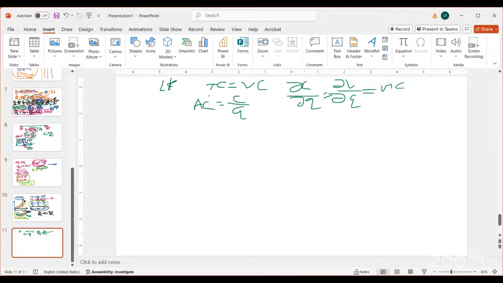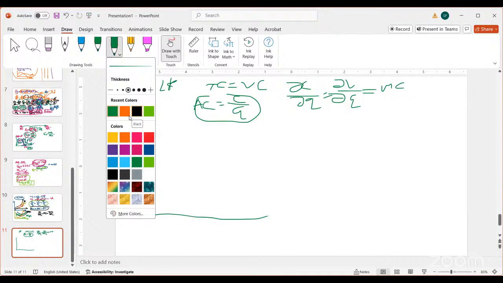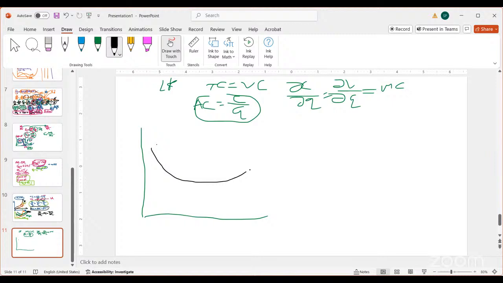Now here, there is only one average cost curve in the long run, like here. That is also U-shaped, but compared to the short run cost curve, it's a little bit flatter.